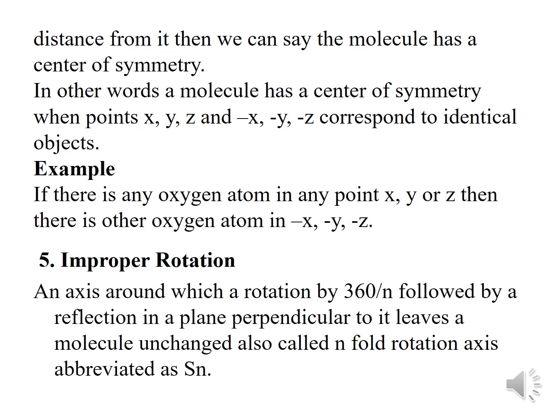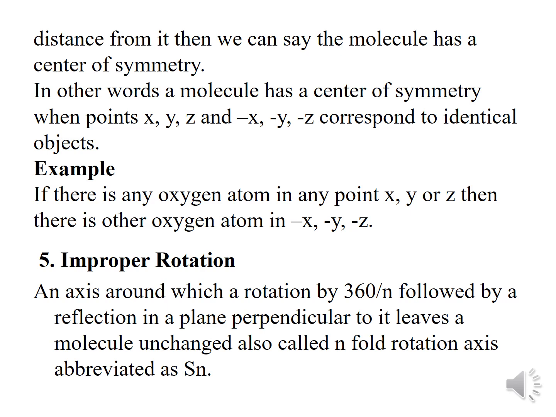In other words, a molecule has a center of symmetry when points x, y, z and minus x, minus y, minus z correspond to identical objects. For example, if there is an oxygen atom at point x, y, z, then there is another atom at minus x, minus y, minus z.